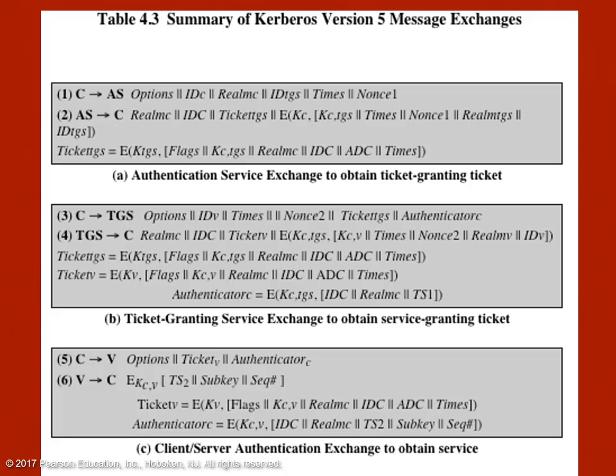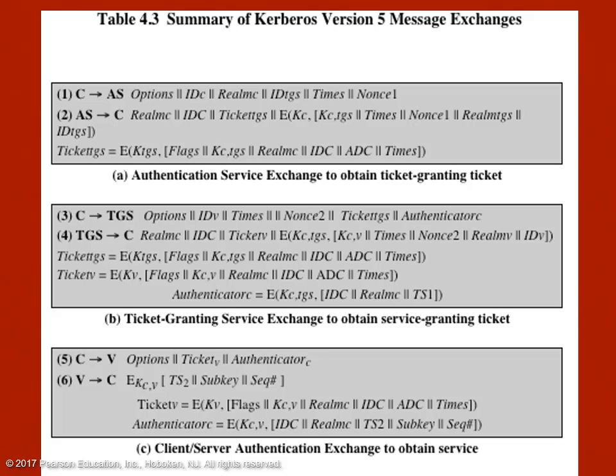The authenticator itself is essentially the same as the one used in version 4. Message 4 has the same structure as message 2. It returns a ticket plus information needed by the client, with the information encrypted using the session key now shared by the client and the TGS.